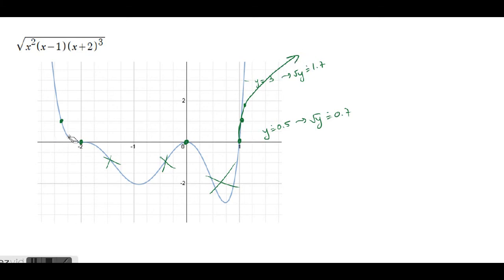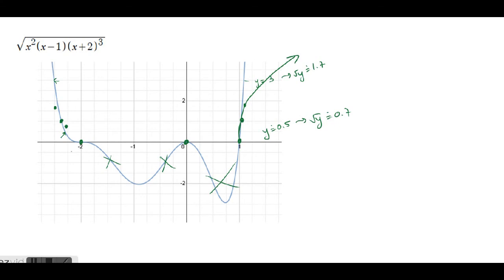On this side, you can try some values as well. For example, this one right here is the same thing as the 0.5 that we had before, so it would be higher than that, 0.7. And if we take this 3 here, we would have 1.7, so somewhere here.